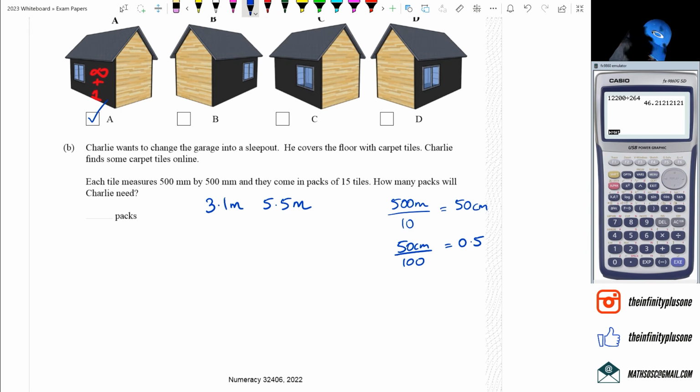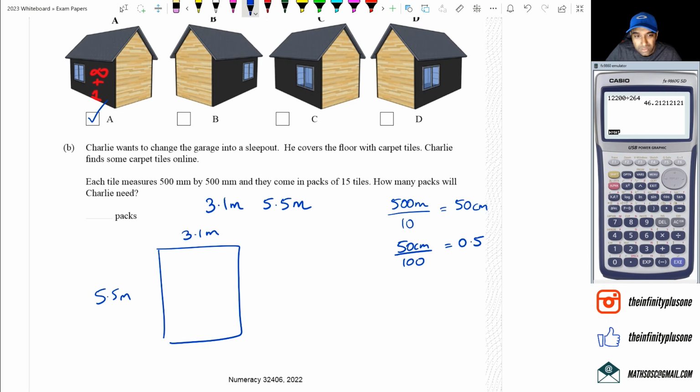So I've got a rectangle here that's going to be 5.5 meters by 3.1 meters. Now, I'm going to need some extra tiles.